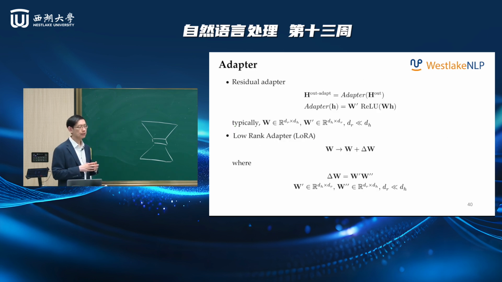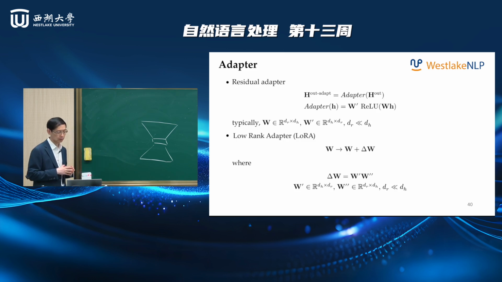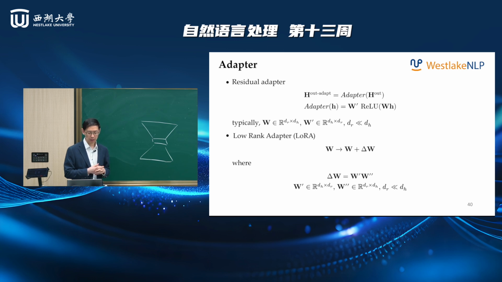But this is not the only strategy to add an adapter to a pre-trained language model. This strategy is called residual adapter. And the equation form is like this. Originally, you have H in and H out for any pre-trained layer. So you augment H out by adding an adapter layer and produce H output adapt.